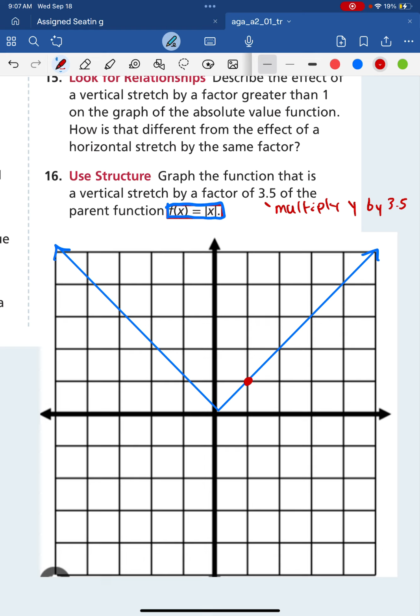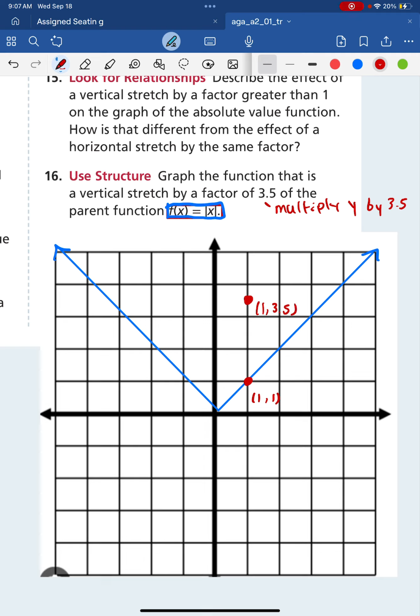This has an x coordinate of 1 and a y coordinate of 1. So when I multiply my y by 3.5, my new point becomes 1, 3.5.